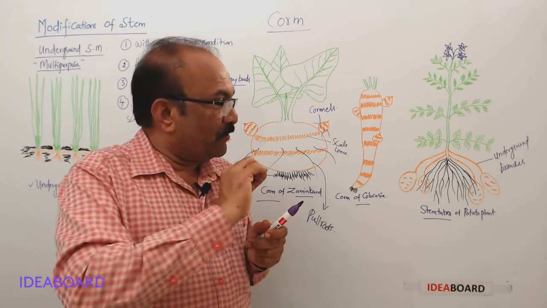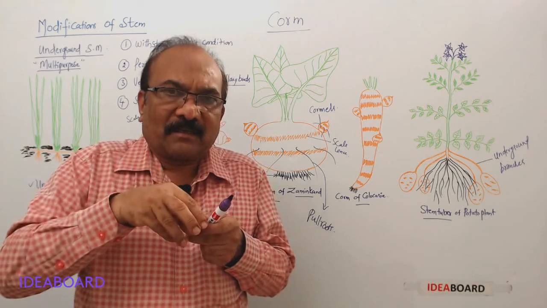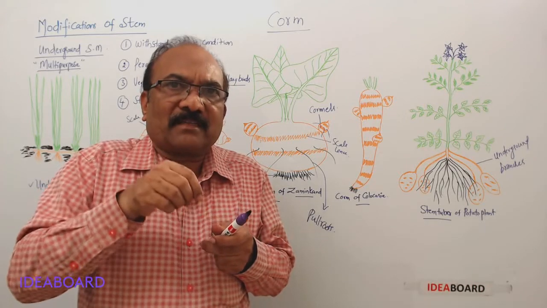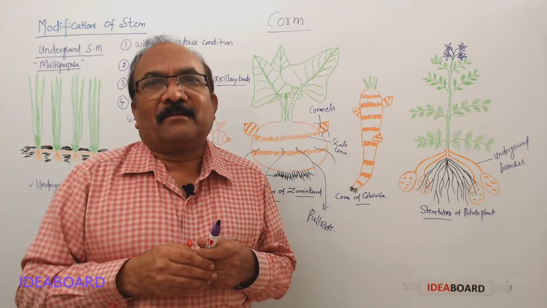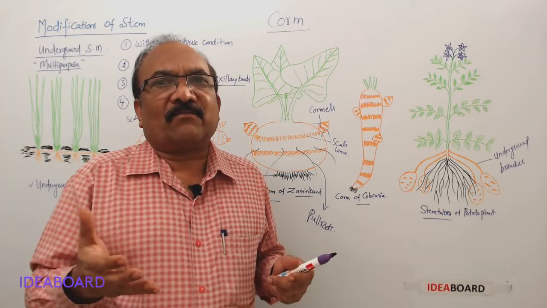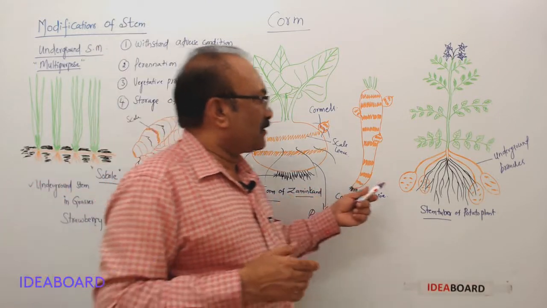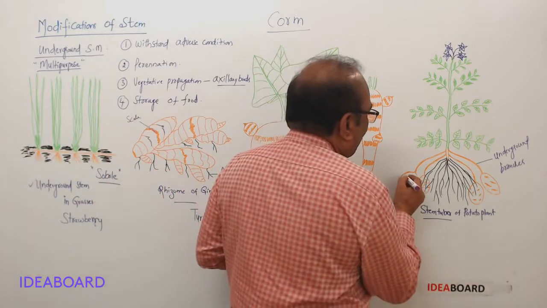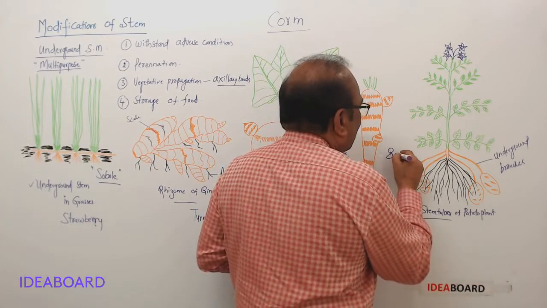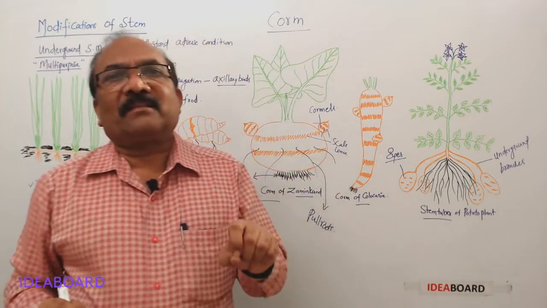When you remove that scale leaf, you will find a groove there, and in the groove you will find an axillary bud. So the presence of scale leaves, nodes and internodes is the character of the stem. They look like eyes, so that's why they are called eyes, and eyes represent the scale leaf along with the axillary bud.